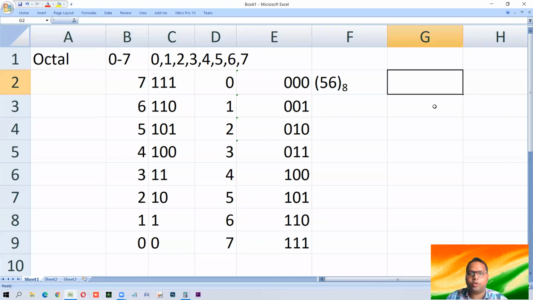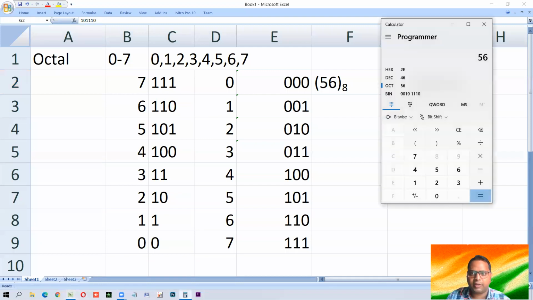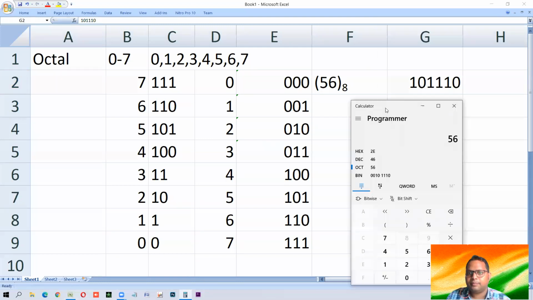So you just write them all together. First you write binary of 5, that is 101, and then binary of 6, that is 110. Now this is the binary equivalent of the octal number. Quite easy. Verify it. 101110, 101110. Look how simple this is.